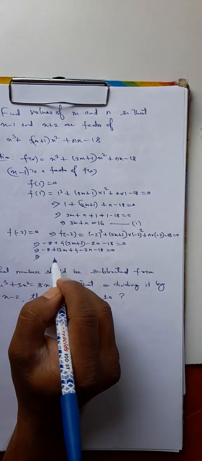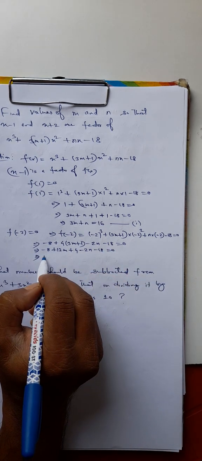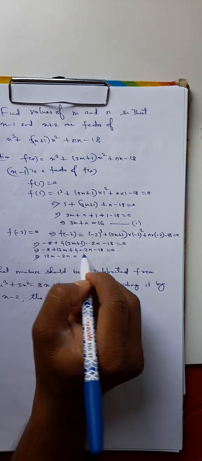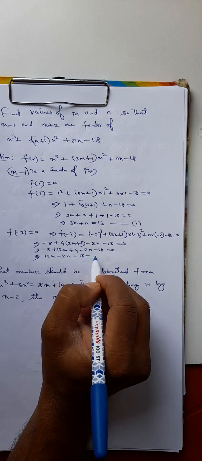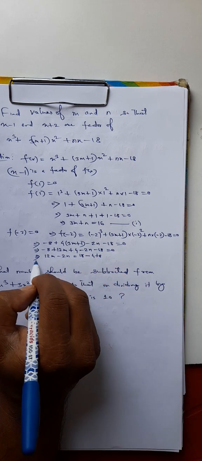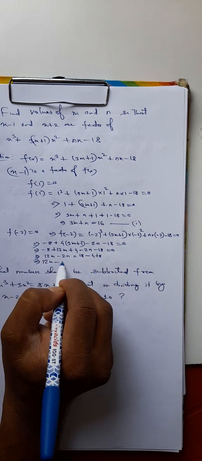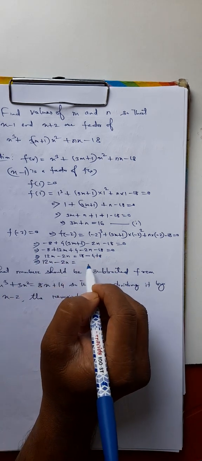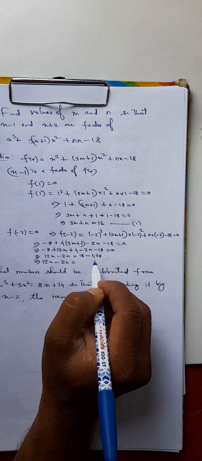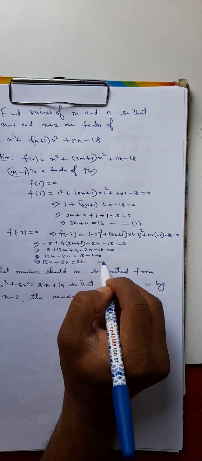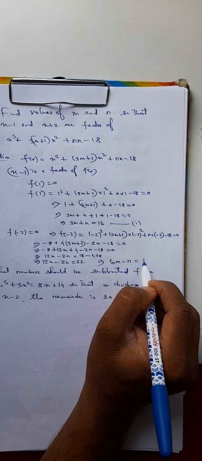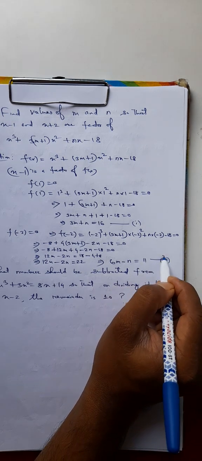This gives 12m minus twice n equal to 18 minus 4 plus 8, 14, 14 plus 8, 22. This gives 6m minus n equal to 11. This is relation 2.